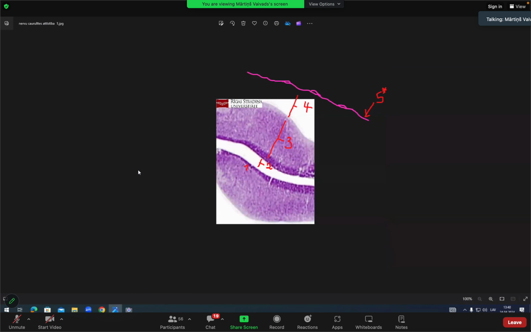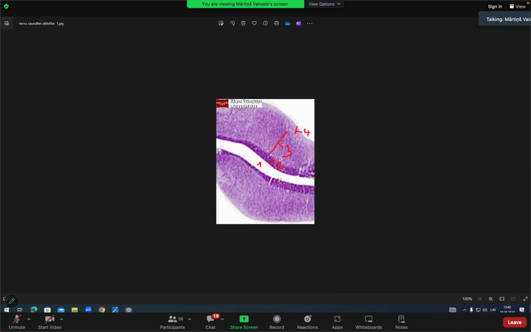There's also a similar slide variation that looks like this. It's very similar, the same idea. All 3 zones are here. If I go here, again, we'll go through the same numbers. 1 is canal centralis, 2 is the ventricular zone, 3 mantle zone, and marginal zone is outside, number 4.